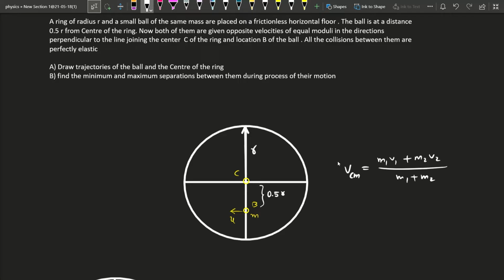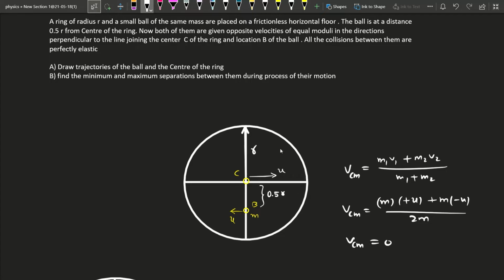Here, the mass of the ring is m, and the velocity of the ring is towards the right, and it is u. We take it as positive. And the velocity of the small mass m is minus u, because it has the same mass but the velocity is opposite. So the denominator is 2m, and the velocity of the center of mass finally becomes 0.